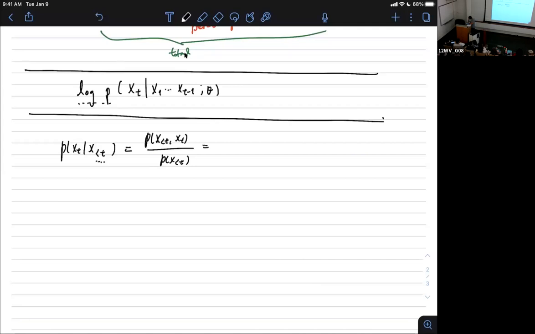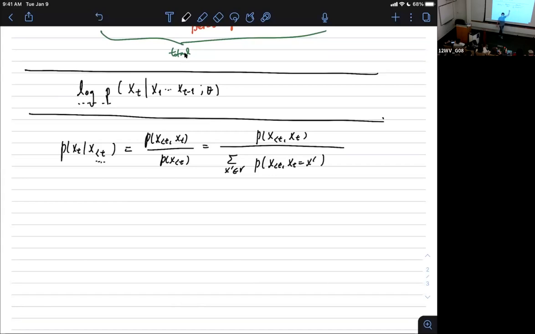And then this is the same as writing P of x_{<t} and x_t over the sum over x prime in the vocabulary V of P of x_{<t} and x_t equals x prime. So here is the definition of conditional probability, and here the definition of marginalization. We marginalize out this variable, and then we end up with this.